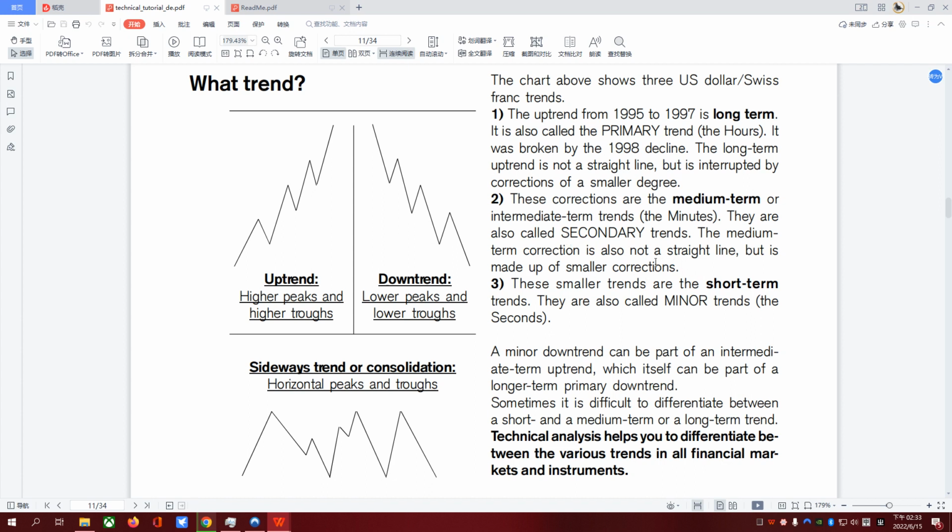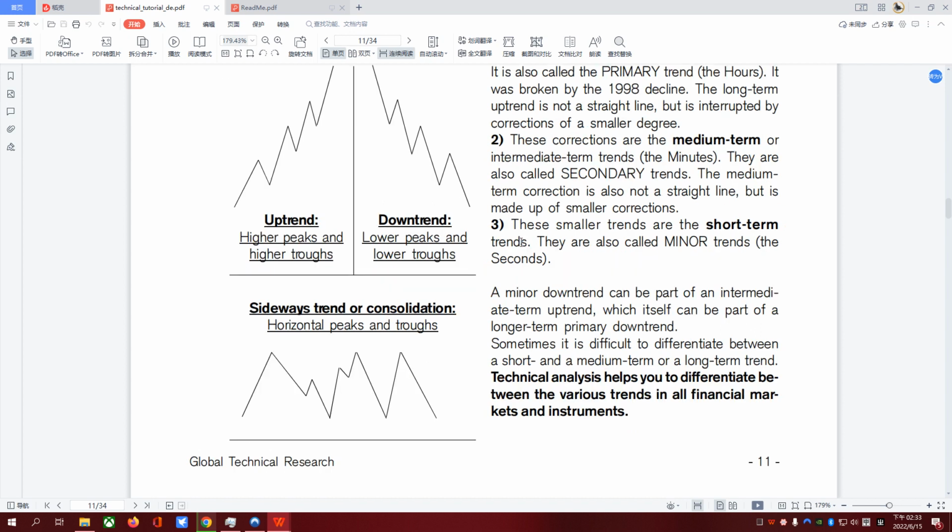These corrections are not a straight line, and sometimes are made up of smaller corrections. If you are a speculator, this is probably where most of the volatility and most of the profit would be generated from. You'll be able to understand when it corrects, and that would be a good time to put on another position. These smaller trends are also called short-term trends, referred to as minor trends.